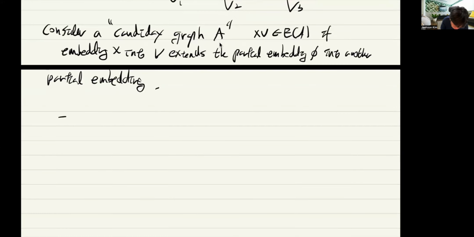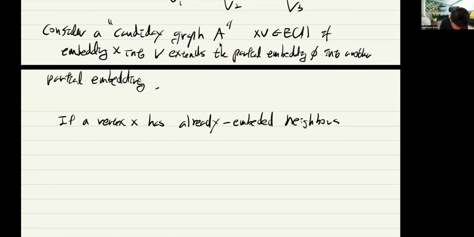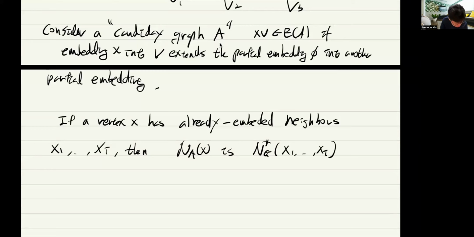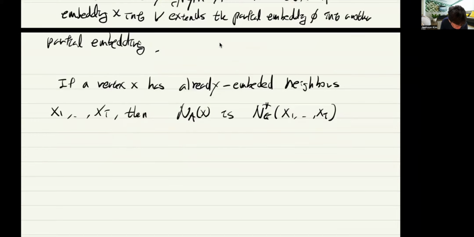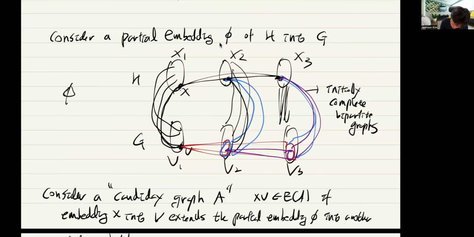So in other words, if a vertex x has already embedded neighbors x1 to say xi, then the neighborhood of x in A is the same as the intersection of all the neighborhoods of these. And each time, you have a graph A, in each component of A you take a perfect matching.